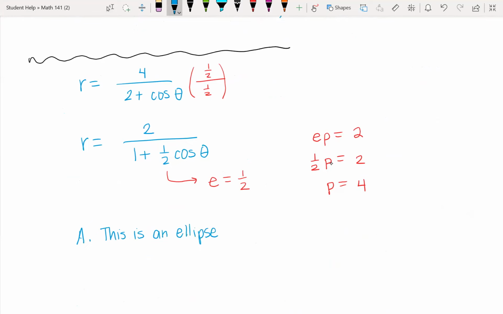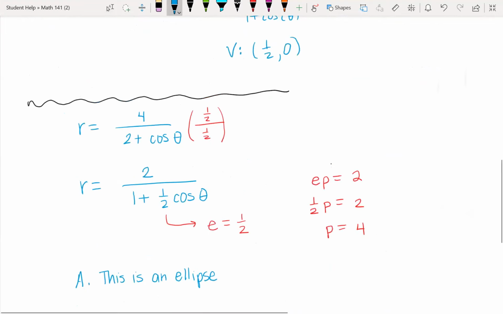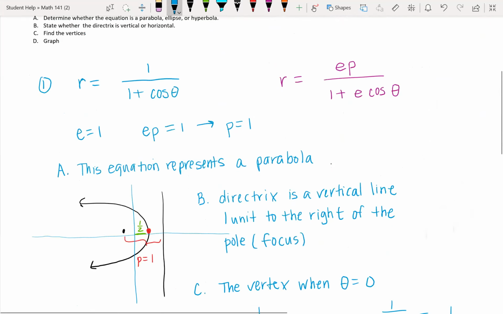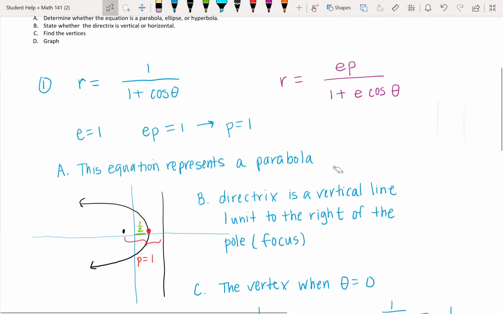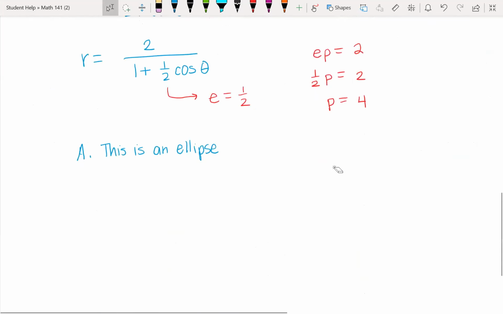And the directrix is going to be 4 units to the right of the pole also because it's a plus. Let me just look up here. We're looking at this one right here. We've got cosine and we've got plus. So the directrix is going to be to the right of the pole or the focus point in this case. And P tells us how many units away it is.